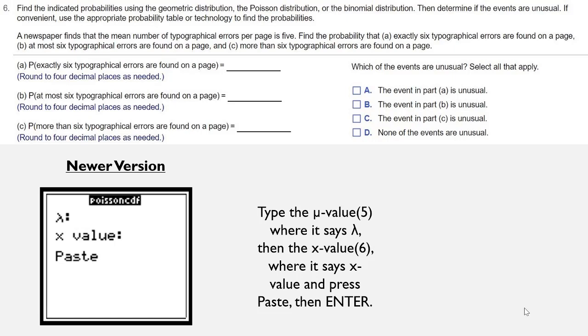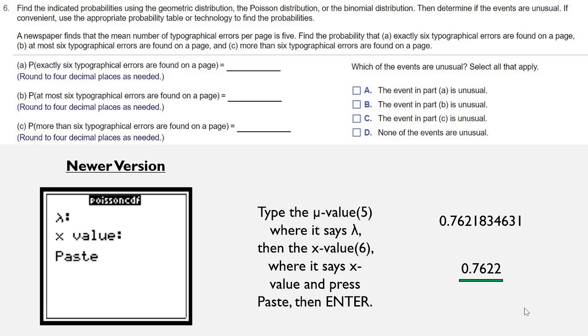Where the x value goes, you're going to type in the 6. And then you're going to highlight the word paste and press enter. And the same thing will happen. You'll be able to see the 0.7621834631. You may have to press enter one more time to get that, and round it off to 4 decimals. It's 0.7622. And again, that's your answer to part B.